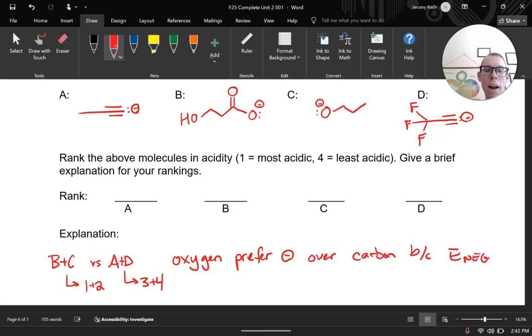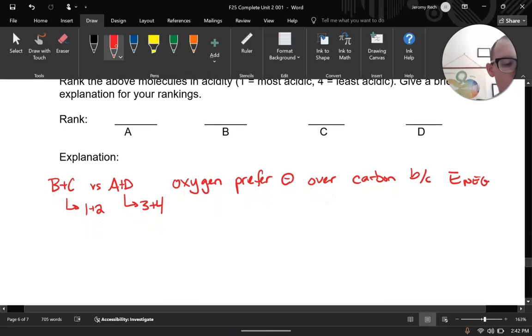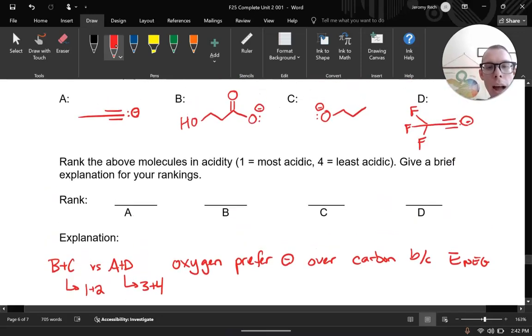And for that, I'm going to use my rules about resonance and inductive effect. So let's start by comparing B and C. So let's do B versus C. In B, I have the ability to do resonance because of that carboxylic acid.